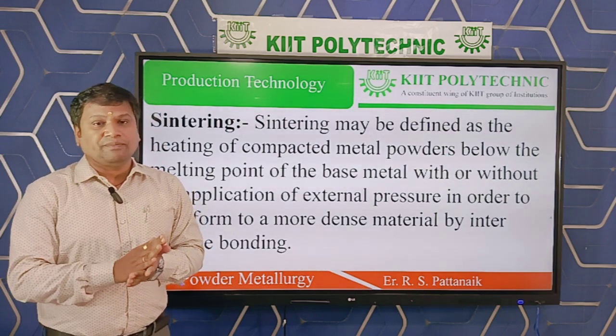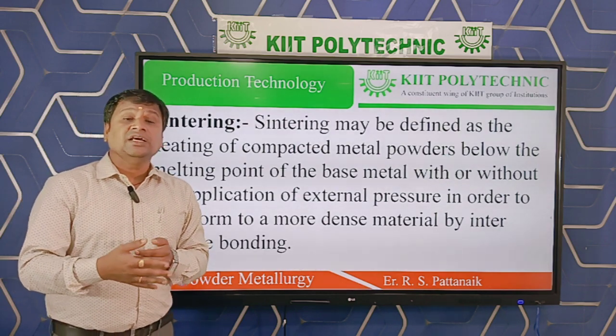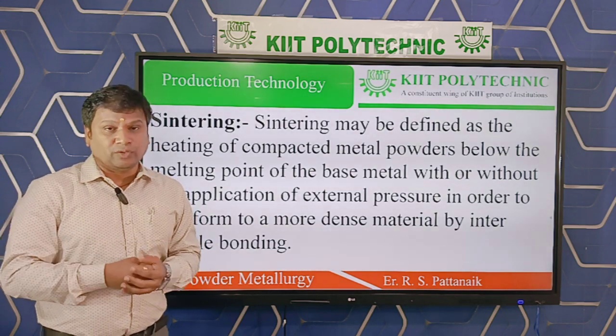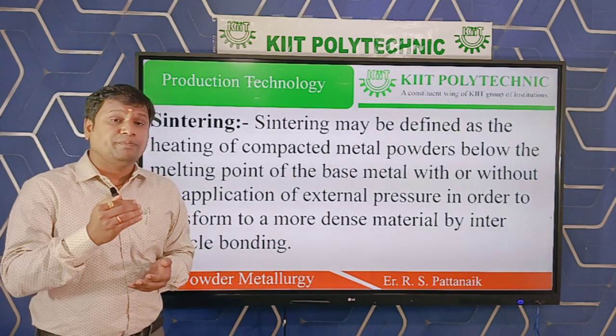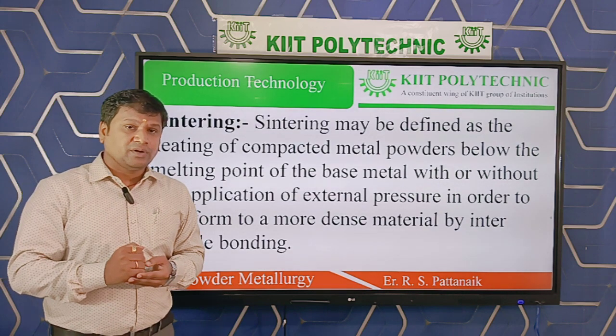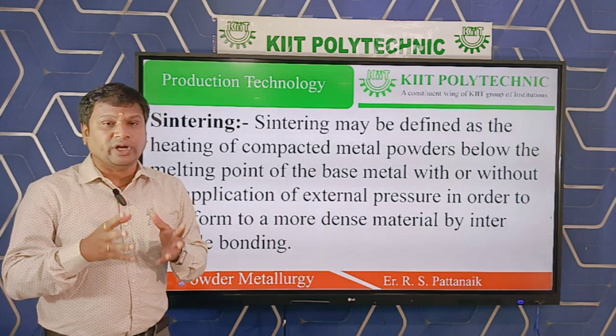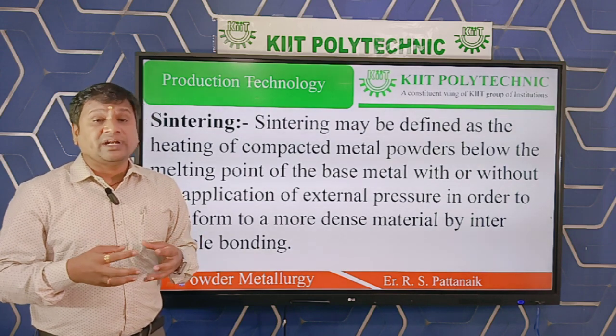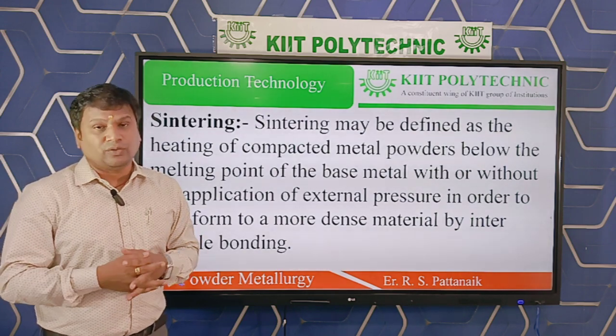So sintering is a process of heating the compacted metal powders below the temperature of base metal to form a new component, a new product, by interparticle bonding of metal powders.